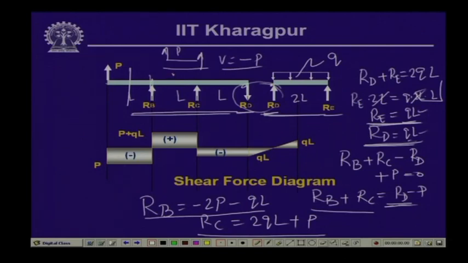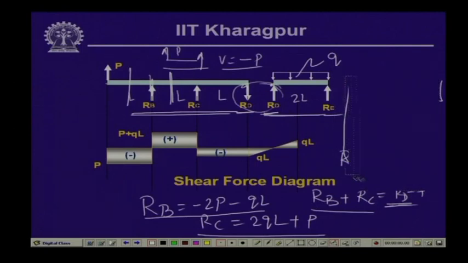Now, at this particular point, if you take the free body, we have the force which is acting over there, which is P, and we have the reactive force R b. So, we have P, we have R b, and we have V here. So, V plus P plus R b is equal to 0.